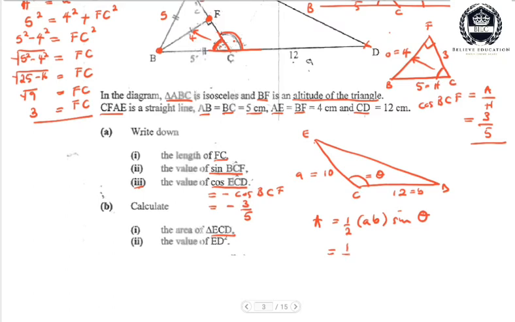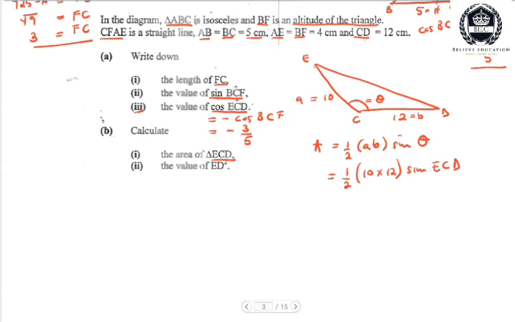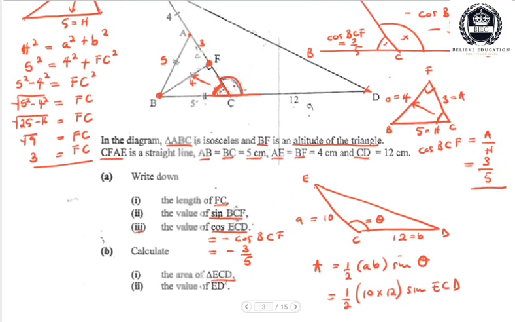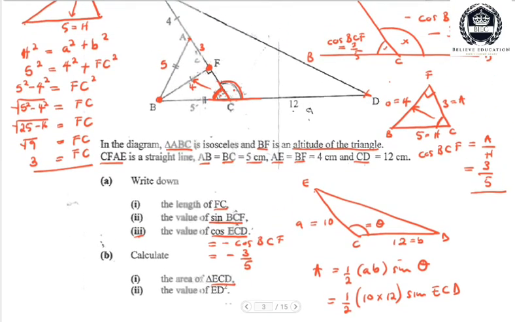So here we have half of 10 by 12, then sine of the angle ECD. Then also on this one we also have to look at finding sine ECD. So for us to find sine ECD, we come back here again where we have the relationship.